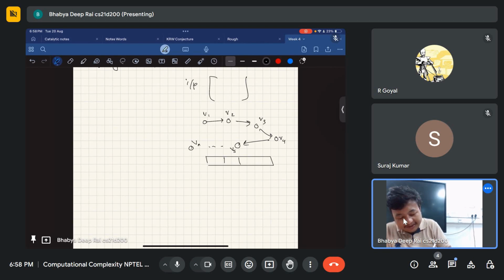I guessed this path, and I store v1 in my tape, v2 in my tape, v3 in my tape, and so on till vn in my tape. For encoding each of them, I take log n bits. And finally, how much space am I using? N log n bits, right?